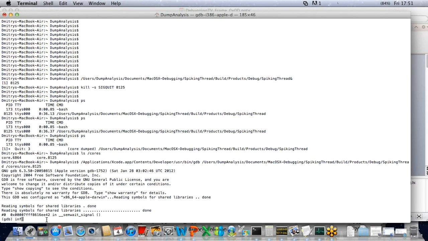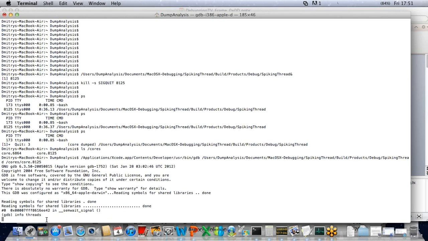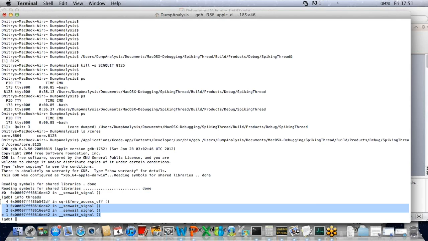If we do info threads, we see there are 4 threads. 3 of them are waiting, and the 4th one is in some kind of square root function.